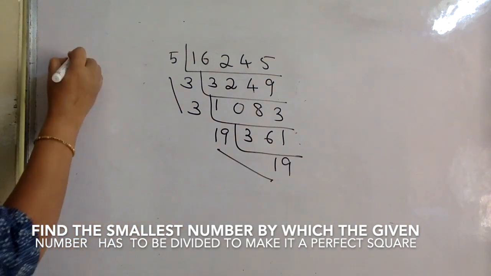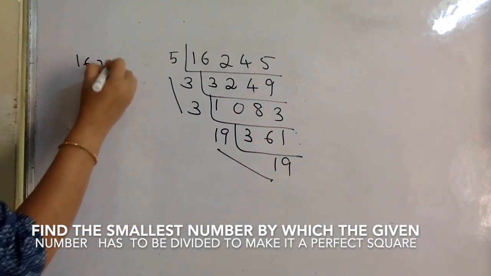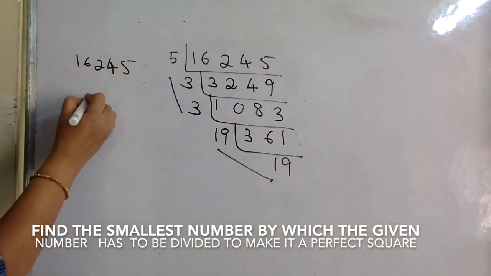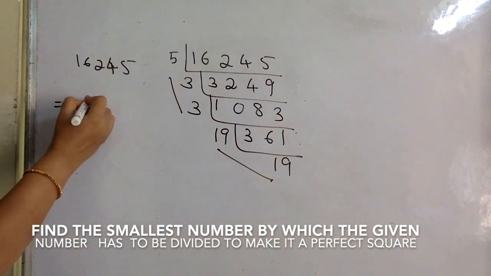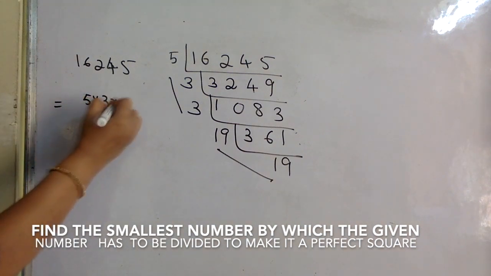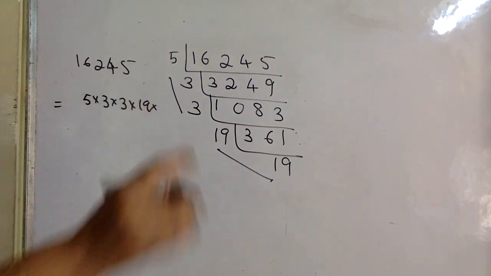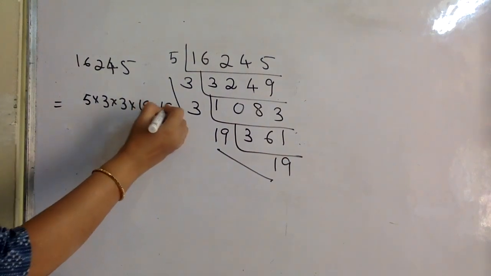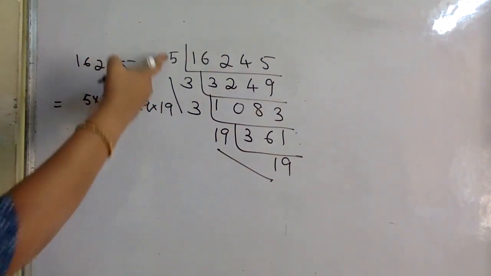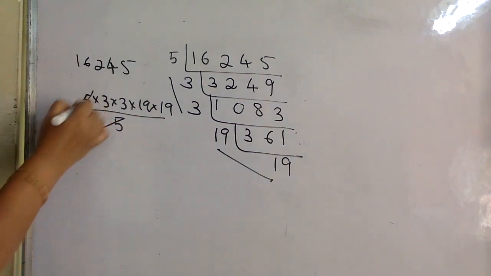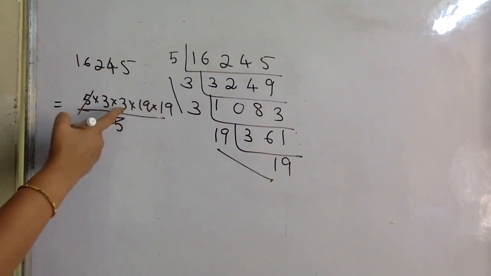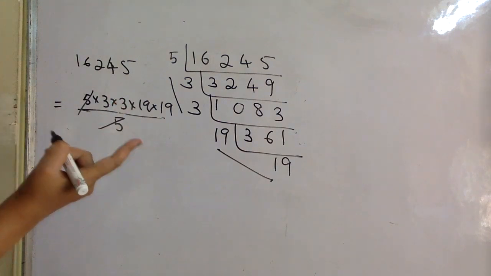Let's take 16245. In place of 16245, I can write 5 into 3 into 3 into 19 into 19, because these are the factors. Now if I divide it with a 5, note, I am left with only pairs of factors.